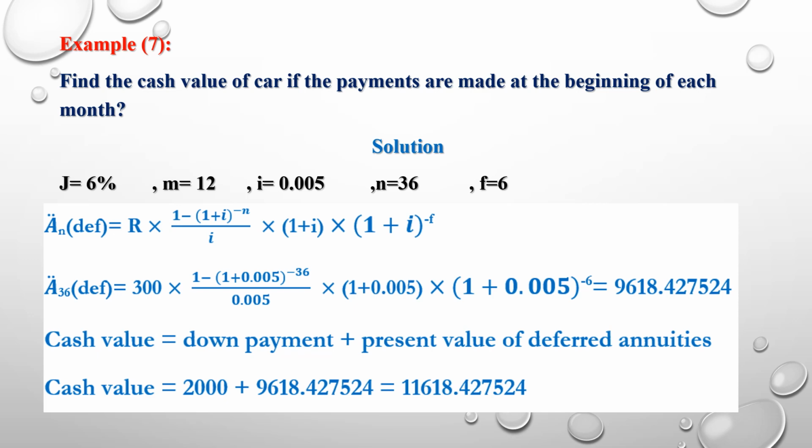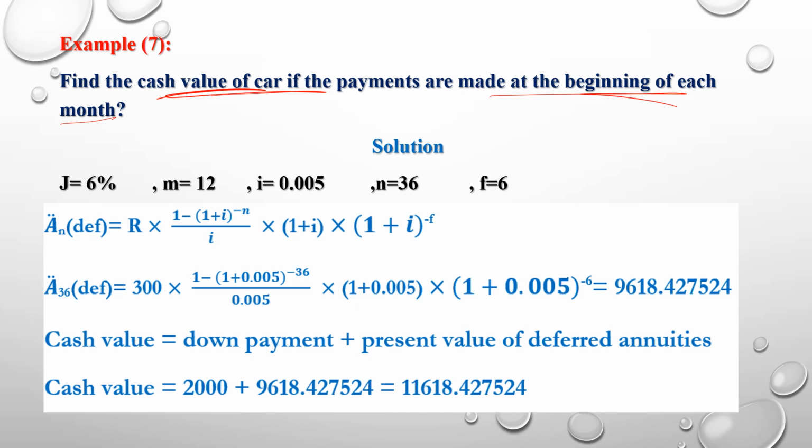Example 7. Find the cash value of the car if the payments are made at the beginning of each month. He wants you in this example to re-answer Example 6, but assuming that the payments are made at the beginning of each month, not the end.